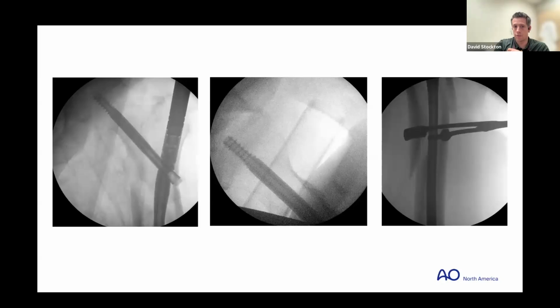And so it was reduced and fixed on a fracture table initially. This probably highlights the importance of start point and trajectory of some of these nails, because maybe off the bat the start point was a little bit lateral there. The nail or the lag screw position in the head, though, seems overall reasonable, I think.